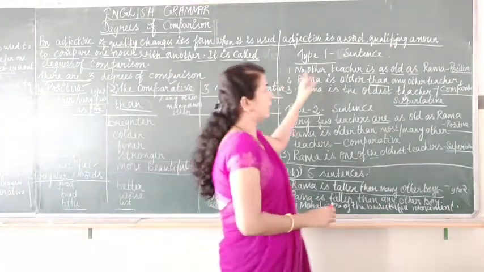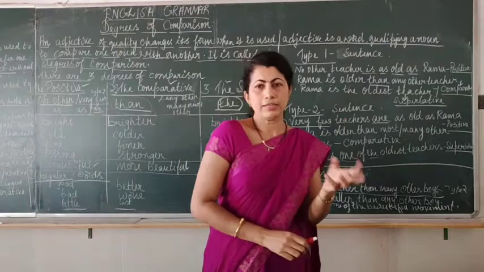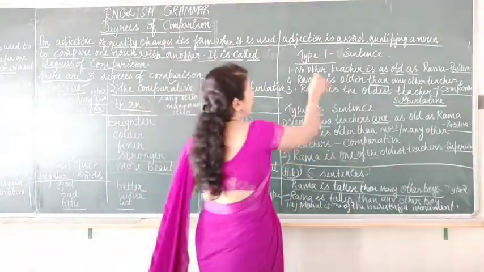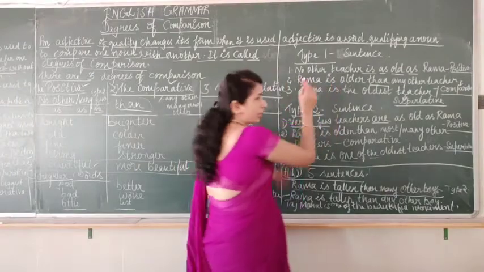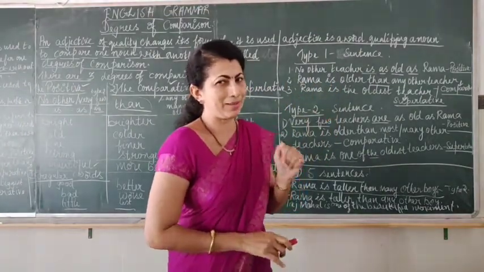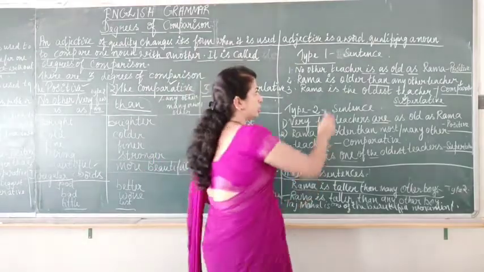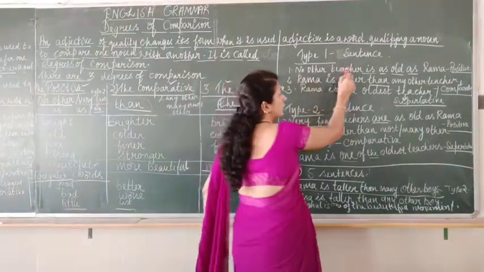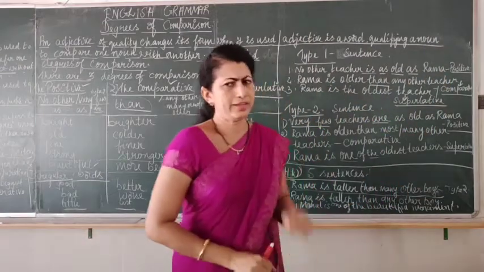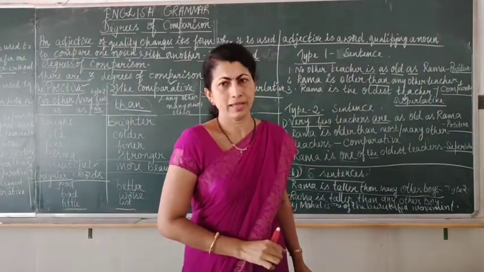Let's go to the sentences here. I will take some type 1 sentences. No other. So as I told you, remember the bodyguards to identify the sentence. Identify the positive sentence. No other teacher is as old as Rama. It is in which degree, children?